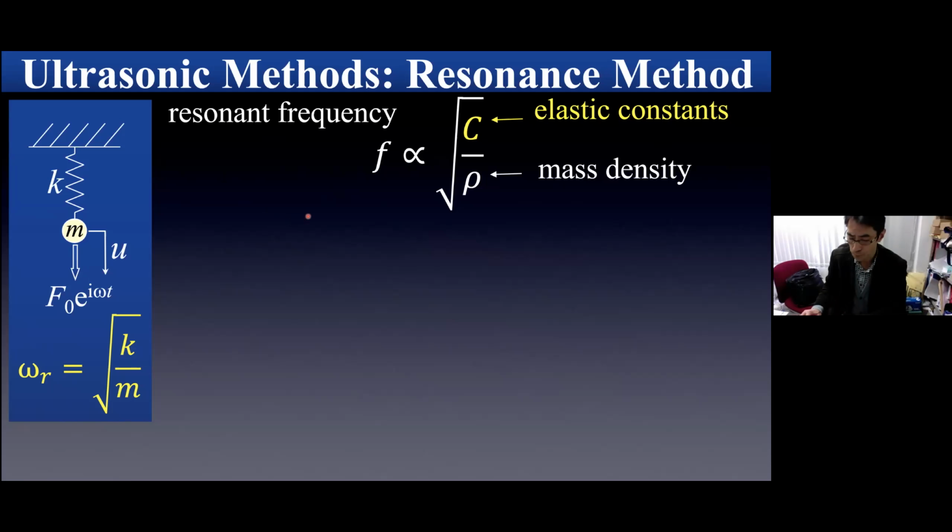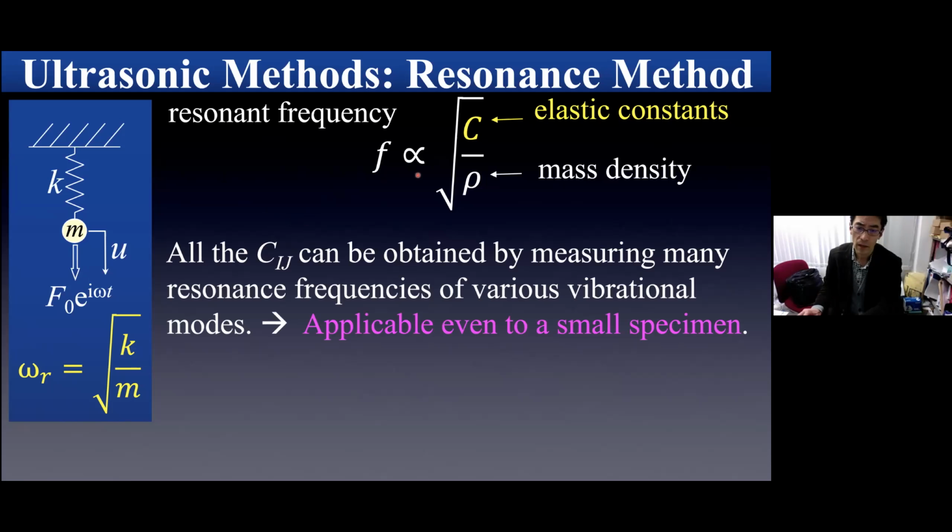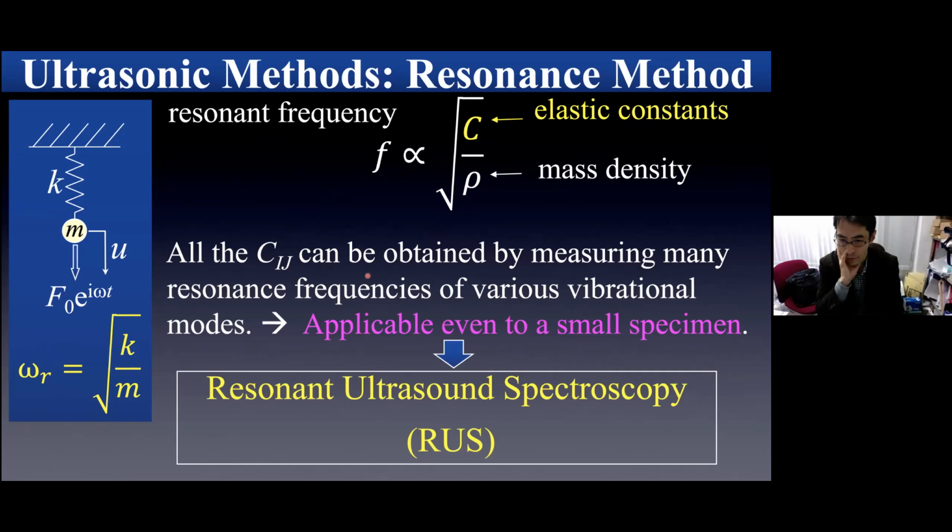This method is very useful because by measuring many resonant frequencies, we can determine all of the independent elastic constants from a single small material. This method is resonant ultrasound spectroscopy, or the RUS method.